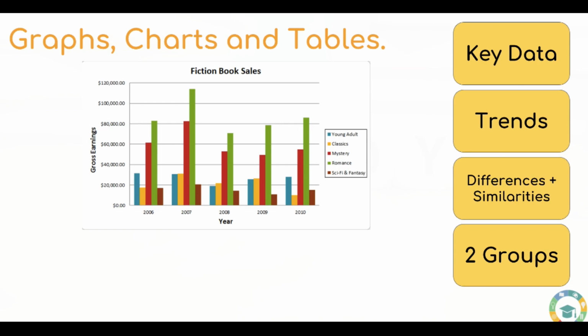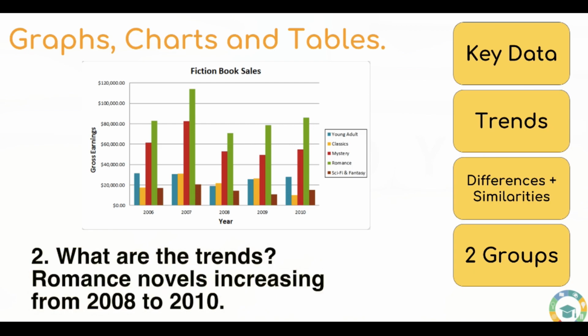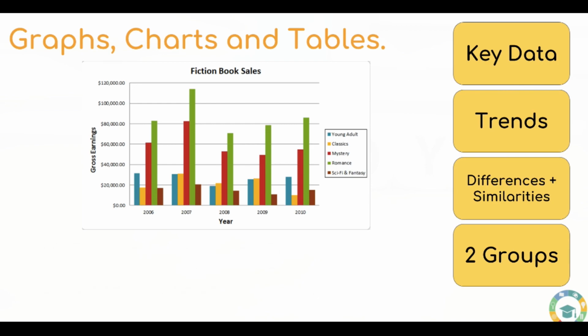What trends can you see in this graph? Are there any increases or decreases which seem like a key feature? Romance novels, which is the green bar, increases steadily from 2008 to 2010. From 2007 to 2009, sci-fi and fantasy novels decrease over this period.